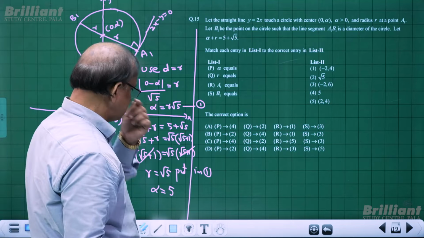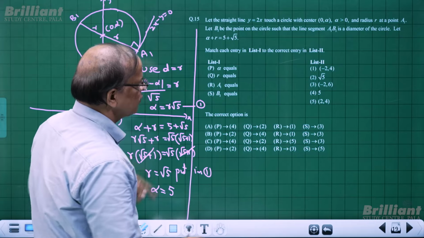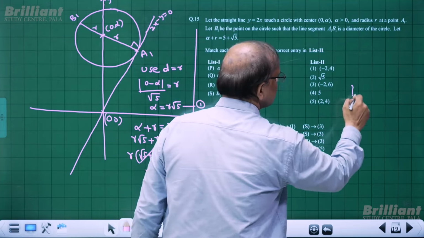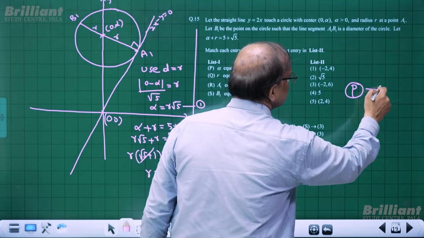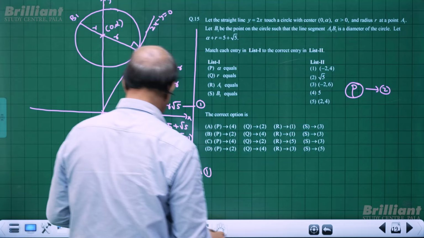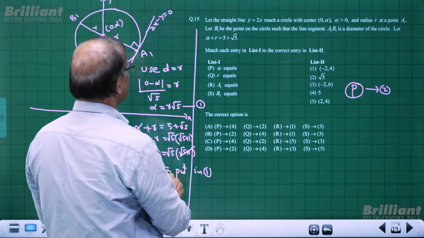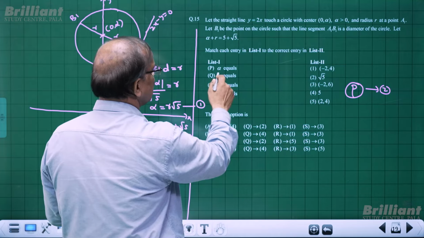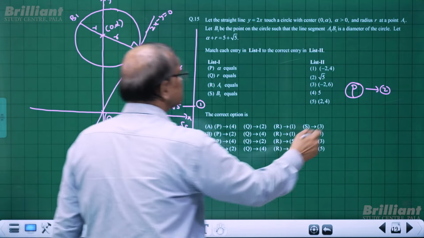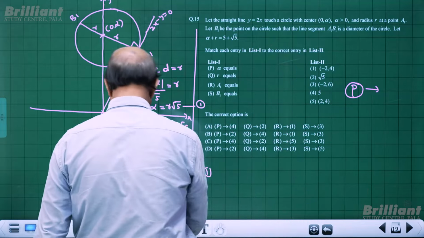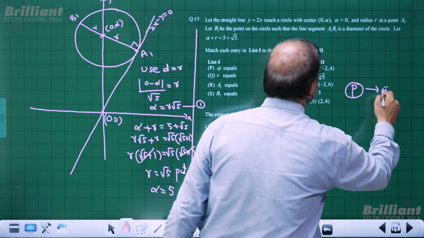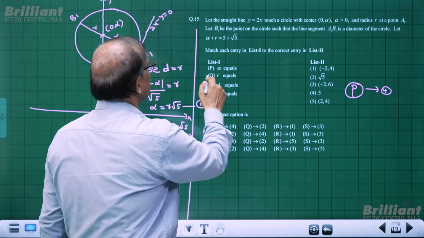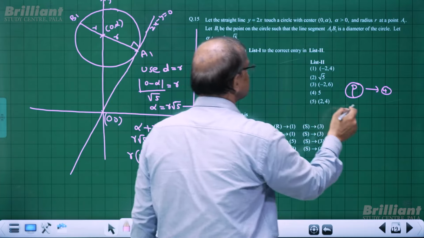Now what is this? R is root 5, alpha is 5, P is 4, so P is 4, alpha is 5, R is root 5, so Q is 2.